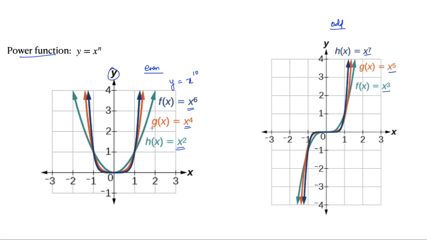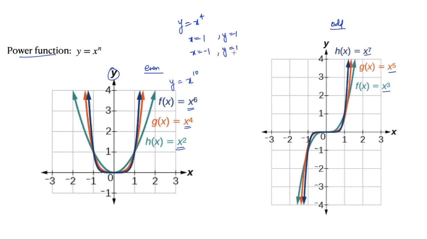Now one thing you have to see is that for the even curve, the y value is always going to be positive, because if you take an even power of any negative number, you always get a positive number. For example, if I have y is equal to x to the power 4, and I put x is equal to 1, I'll get y is equal to 1. And if I put x is equal to minus 1, then also I'll get y is equal to 1.